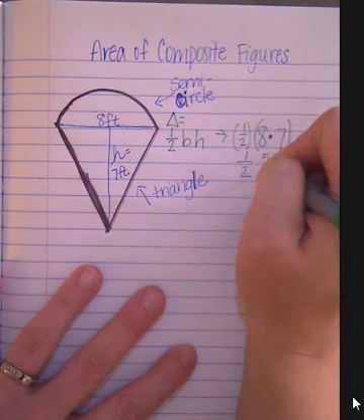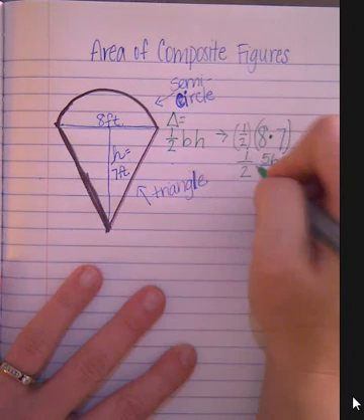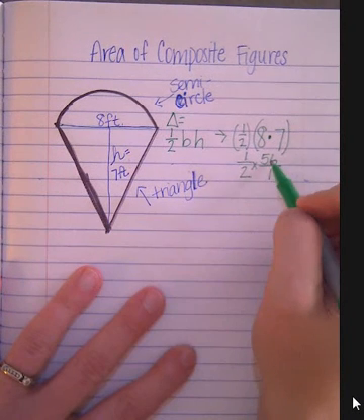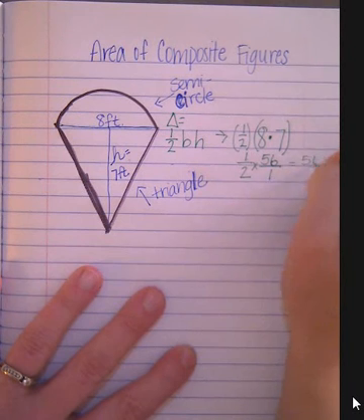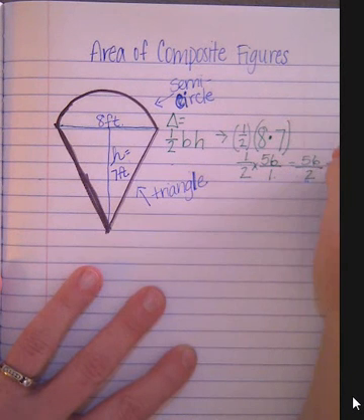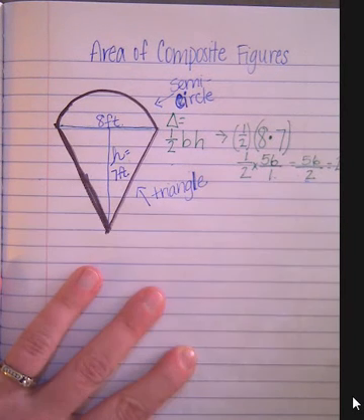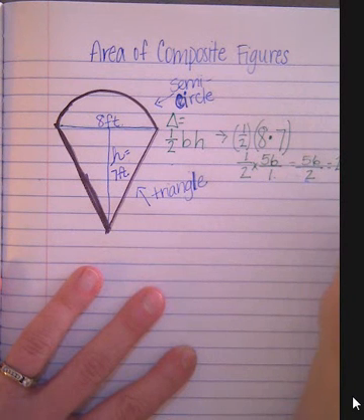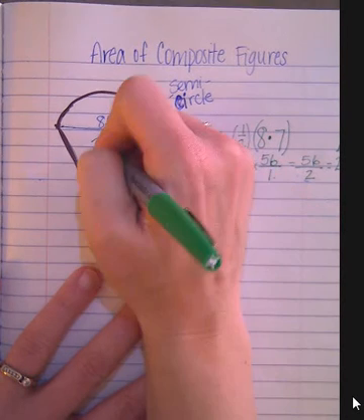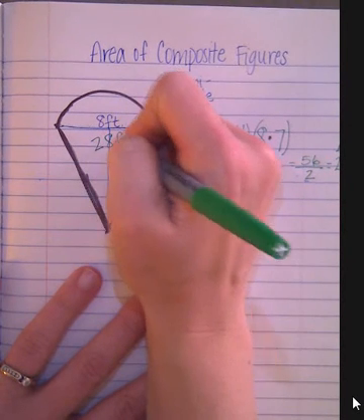When you do that, you have to put it in fraction form. So you do 56 over 1, and you do 1 times top is 56. Bottom times bottom, 2 times 1 is 2. So it ends up being 56 divided by 2, and that is 28. So the triangle part area is 28. The triangle is 28 square feet.